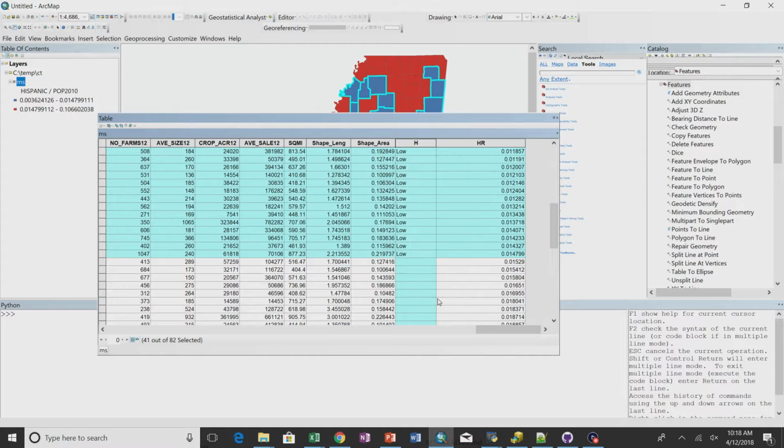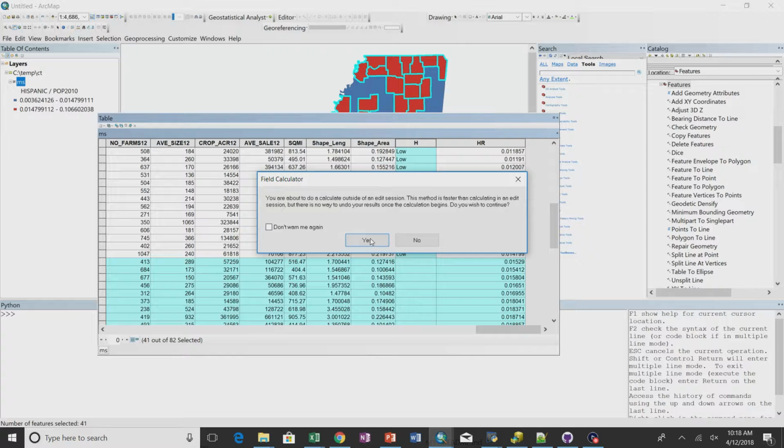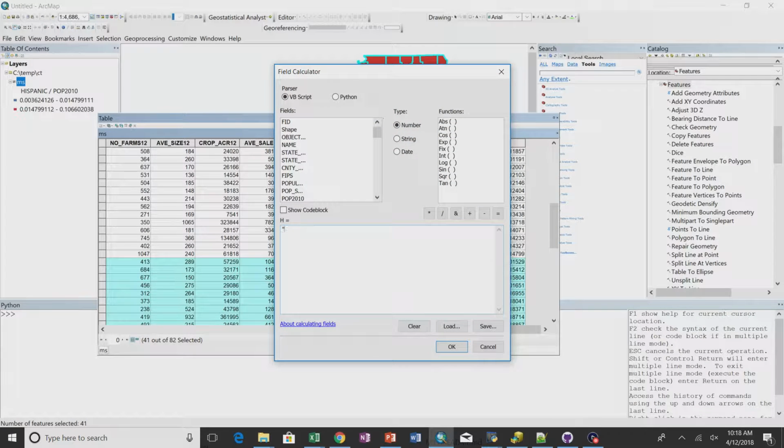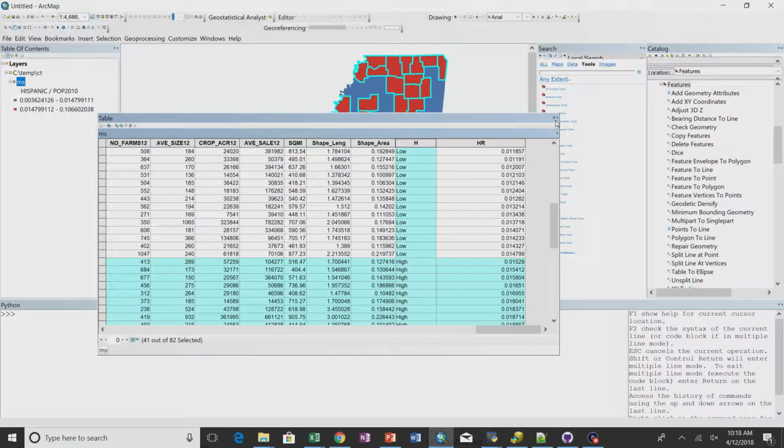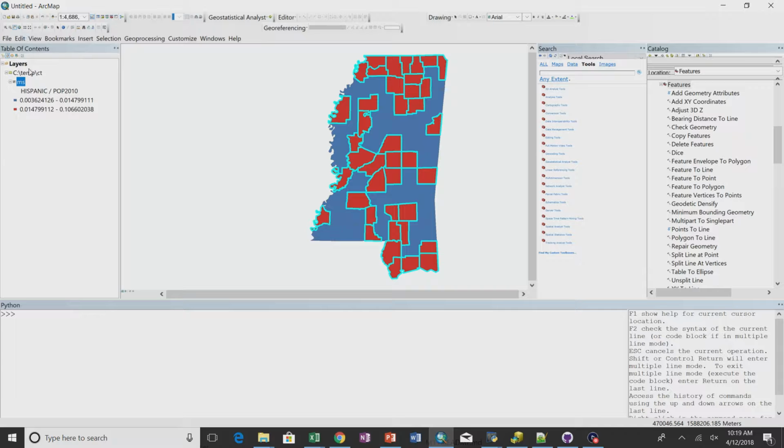I got confused there. All right, low, and then I'll switch the selection. This little guy, and then I'll say field calculator and high. So I've got those counties with a higher Hispanic population and those counties with a lower Hispanic population.